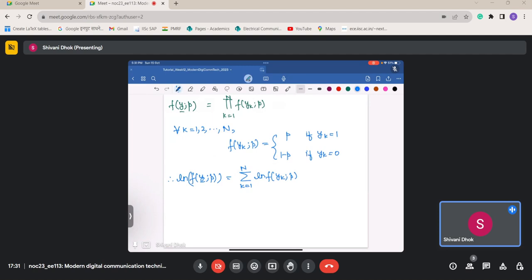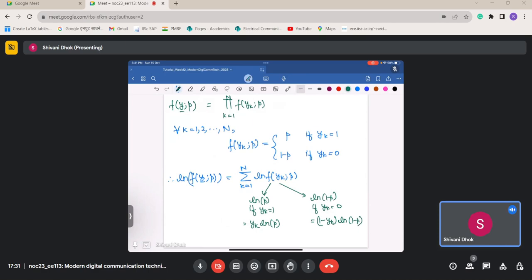Now this will be equal to log p if yk equal to 1, so I can write this as yk times log p. If yk equal to 0, this will go to 0. And this will be equal to log of 1 minus p if yk equal to 0, so I can write this as 1 minus yk times log of 1 minus p.